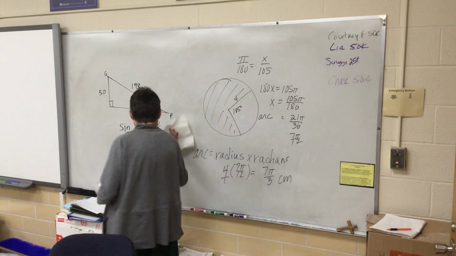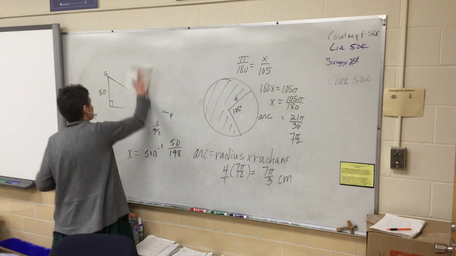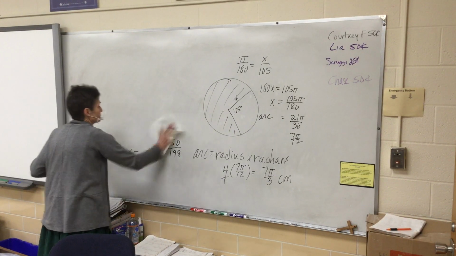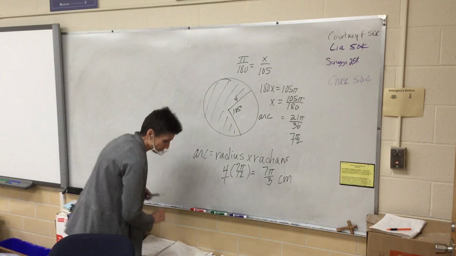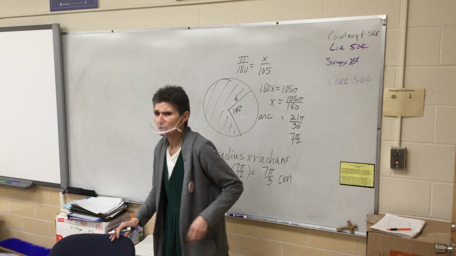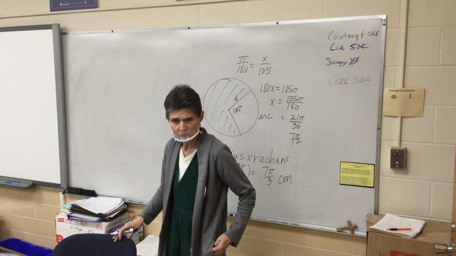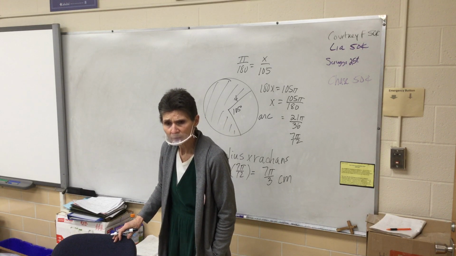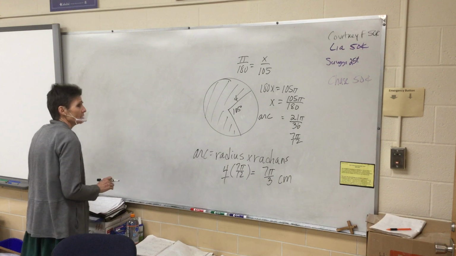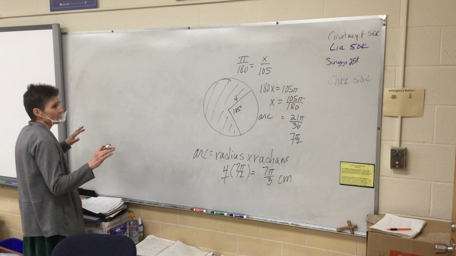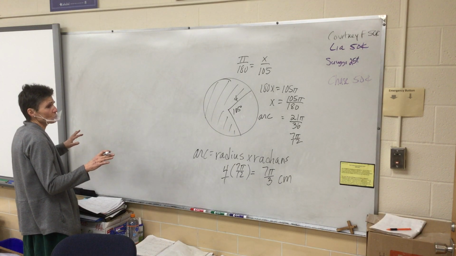All right, how about the area part of the question? How am I going to find the area? We talked about this yesterday. Do you remember? Ellie, do you remember? You do pi r squared minus 7 pi over 3. So pi r squared.